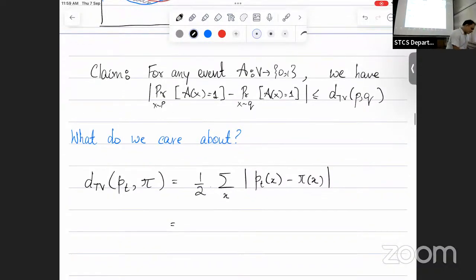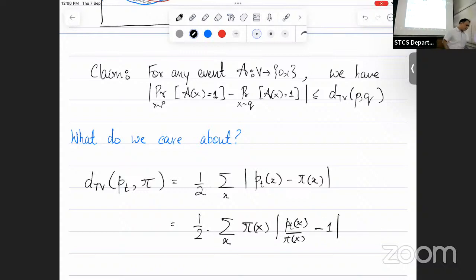Okay. So what I'm going to do is I'm going to write this as half times sum over x. I mean, I want to put a pi x here, because expectations according to pi look like pi x times something. And so what I do is I just divide what I have here by pi x. So I'm going to write this as pt of x by pi of x minus 1. Okay.